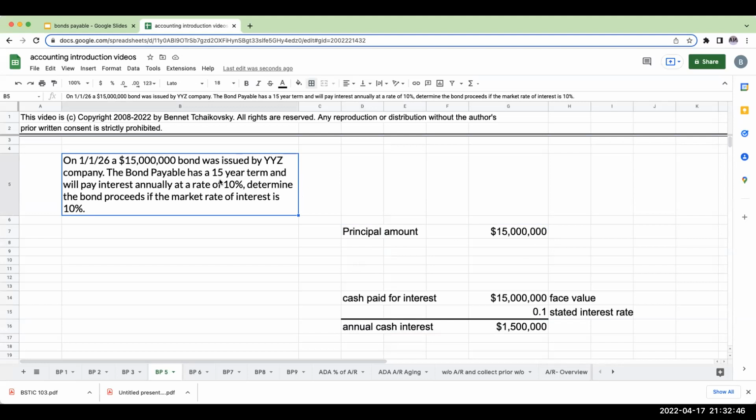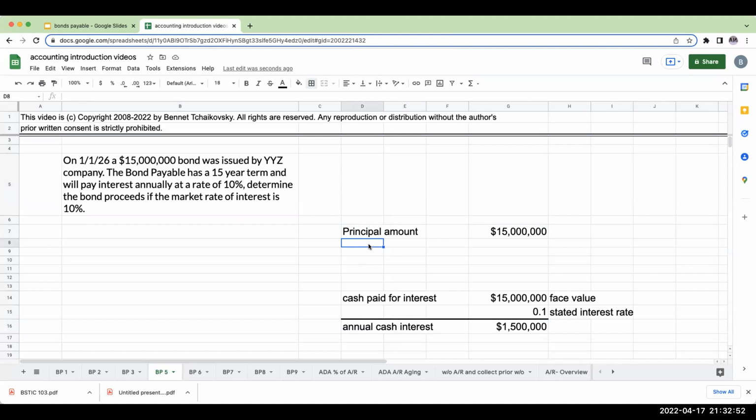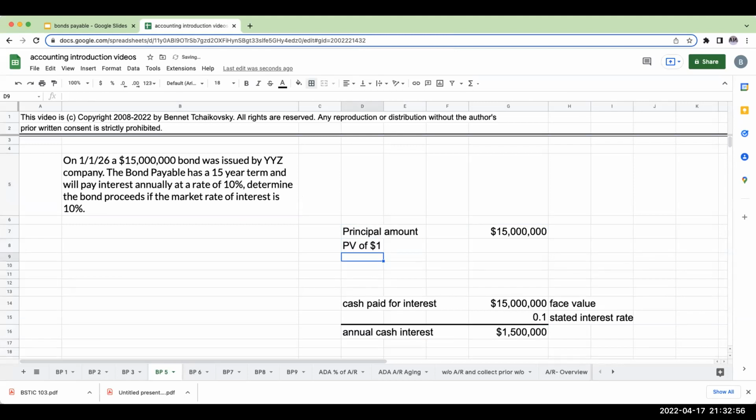I pay interest every year, and then I repay the loan at the end of the term. So here I'm going to go to the present value of $1. And this is what I'm going to make sure I do. I'm going to ask, how many times am I paying interest? This is 15 periods, right? 15 years, annually, so once per year at 10% market rate.